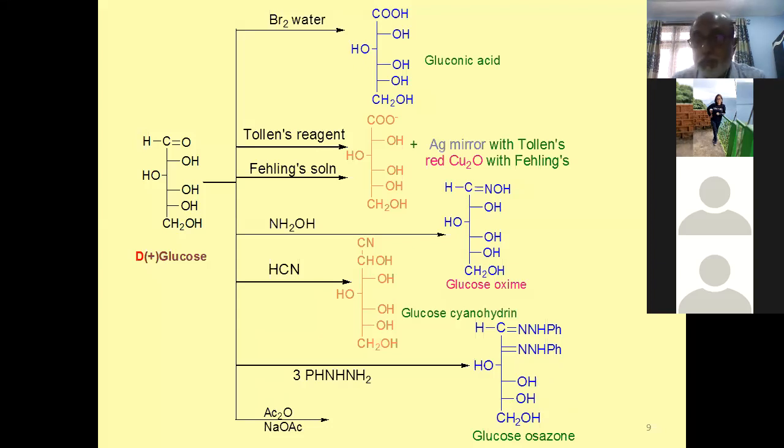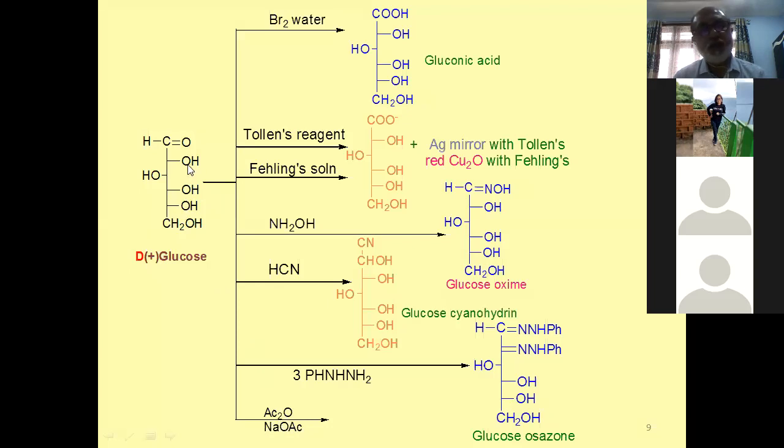It is the OH group. Acetate will form. Acetylation of the OH group will take place. For anhydrous sodium acetate we have to take acetic anhydride.